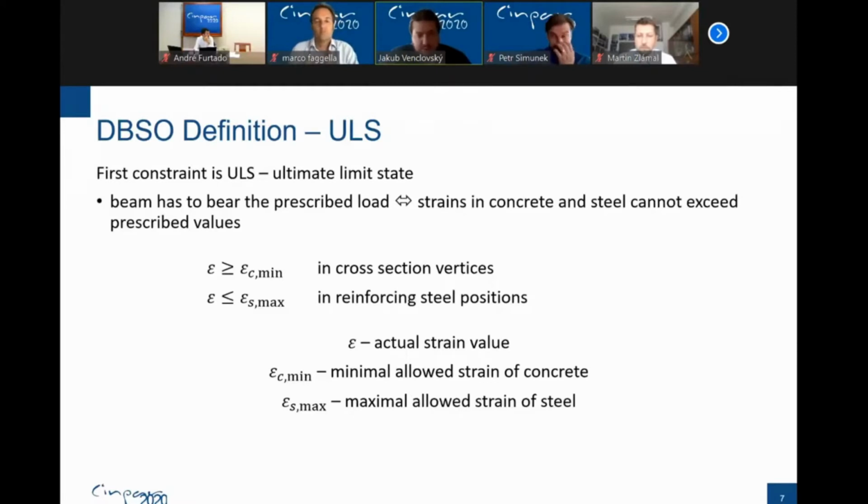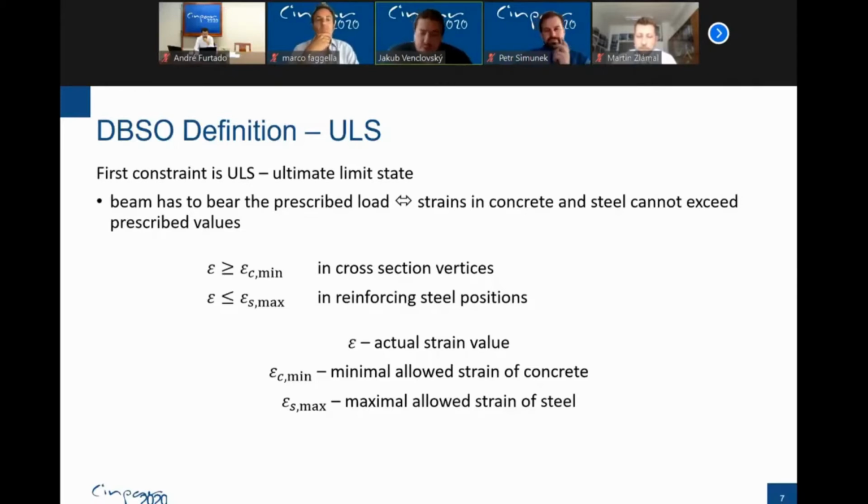The constraints of the optimization, first of all, ULS, ultimate limit state. As you well know, the beam has to bear the prescribed load, which is equivalent to strains in concrete and steel not exceeding prescribed values.